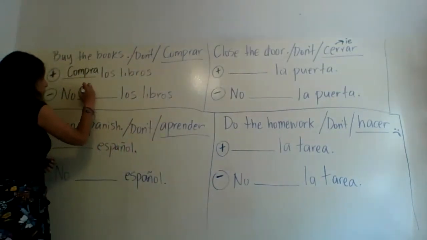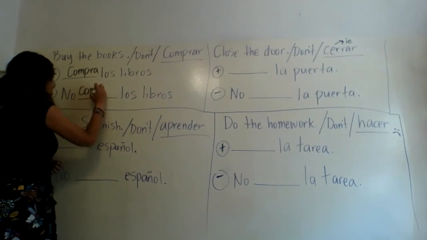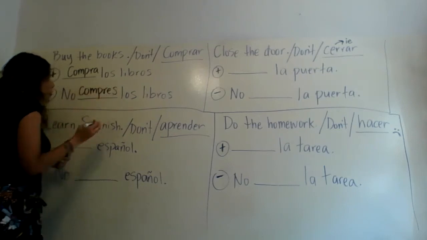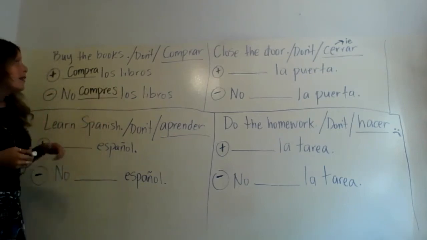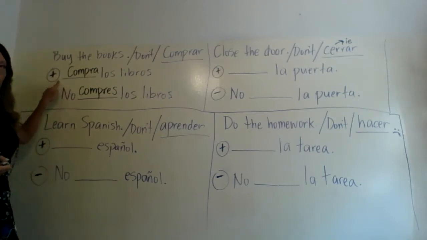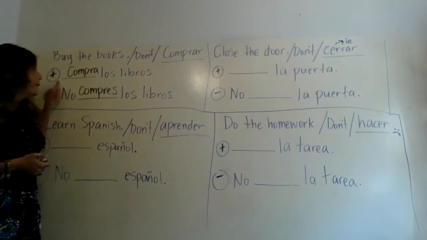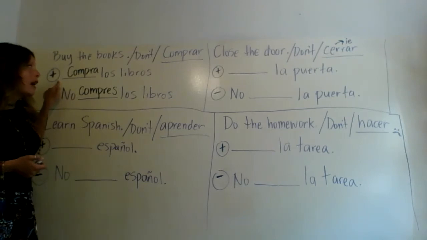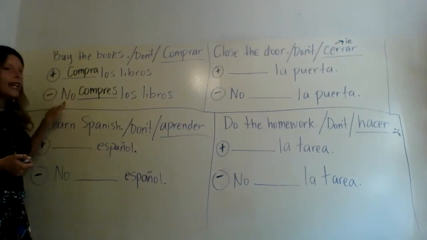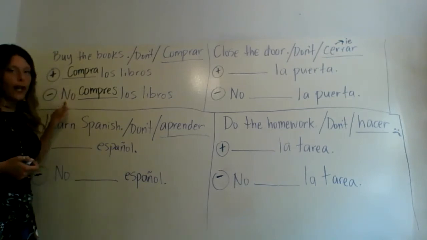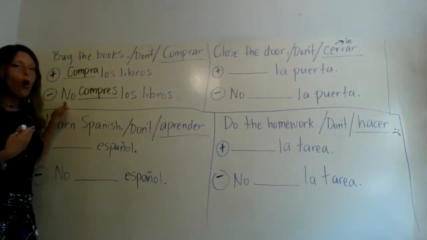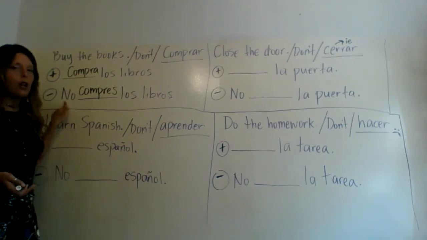Obviously, with the word no in front. So again, buy the books, informal tú command would be compra los libros. Negative informal tú command will be no compres los libros.